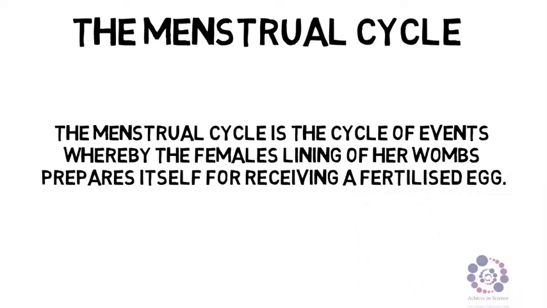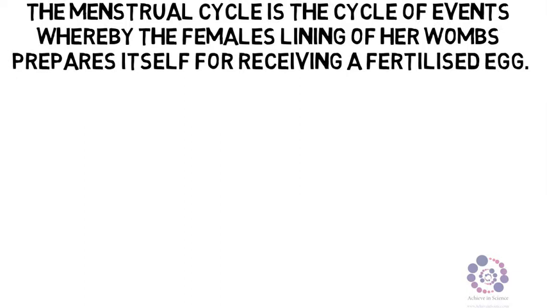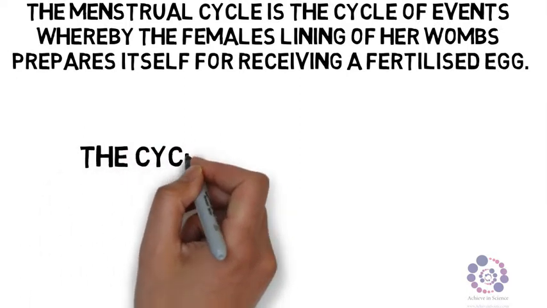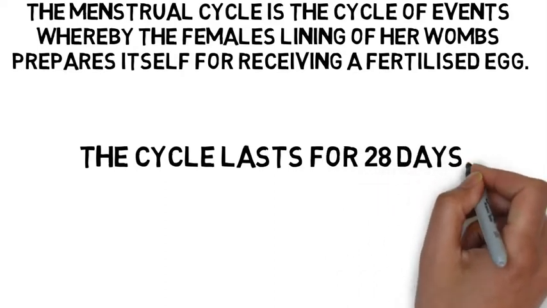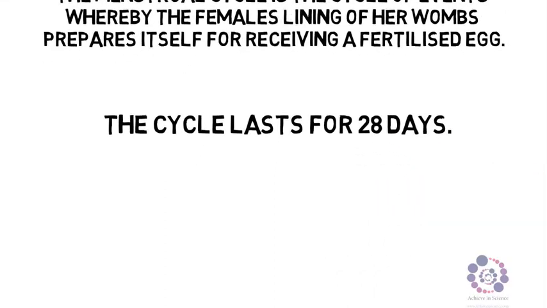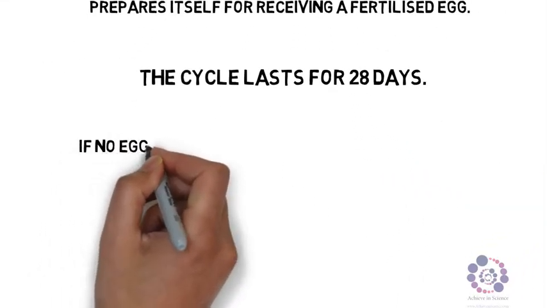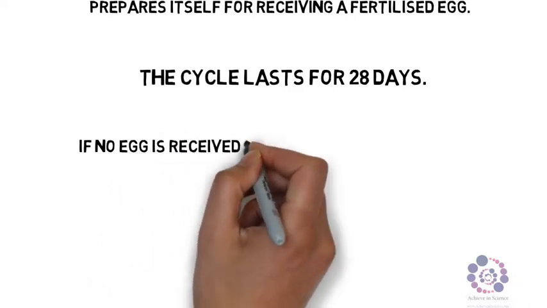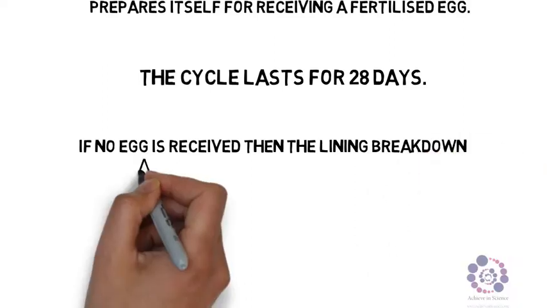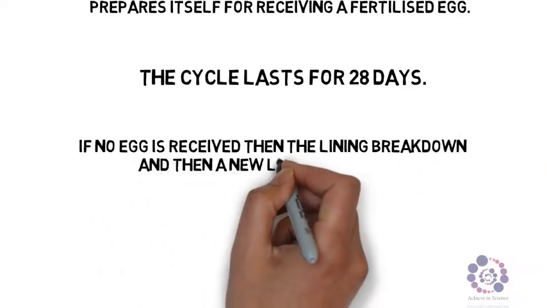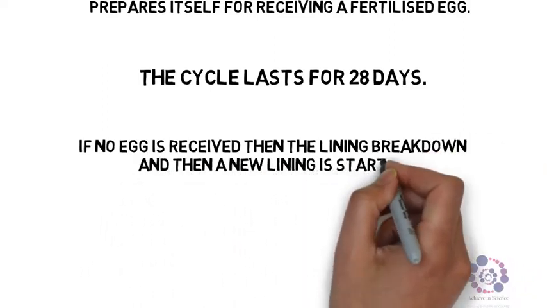This cycle lasts for approximately 28 days. It's intended that it's preparing for a fertilized egg to be received. But if no egg is received, the lining will break down and the whole cycle will begin again as a fresh new lining begins to be built.